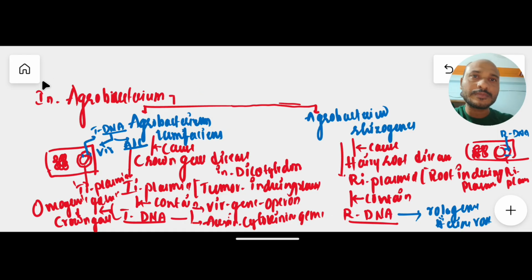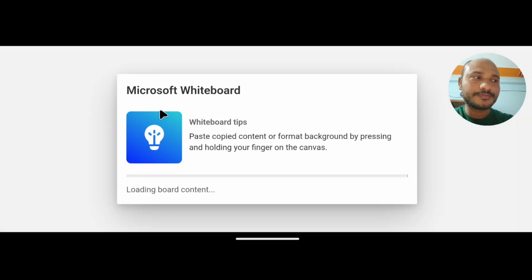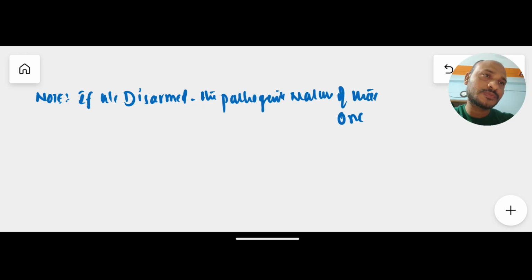If we disarm, here I am writing on another slide. Note, if we disarm the pathogenic nature of these oncogenes in tDNA as well as rDNA, then we can use those genes as a cloning vector in plants.